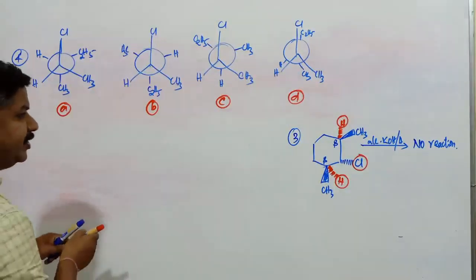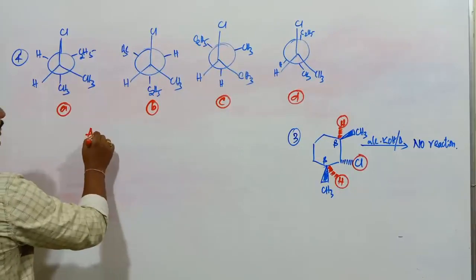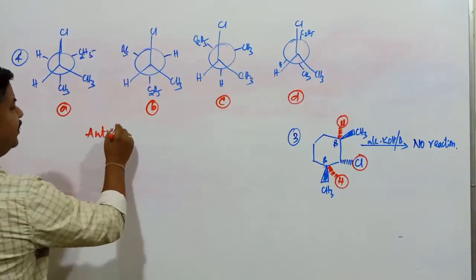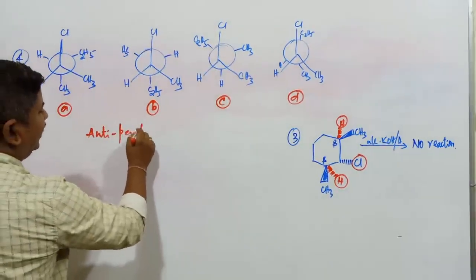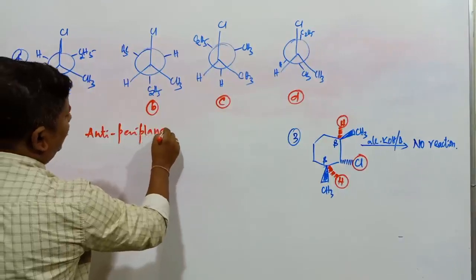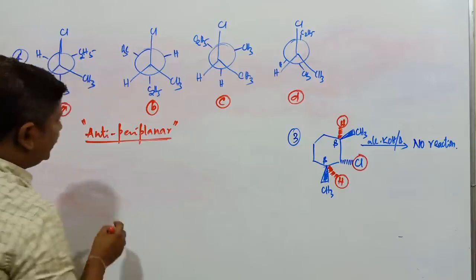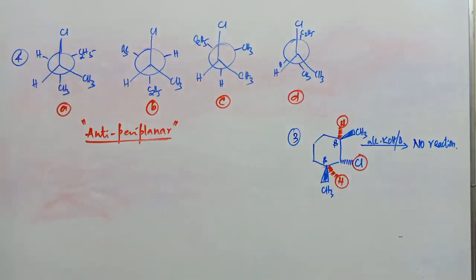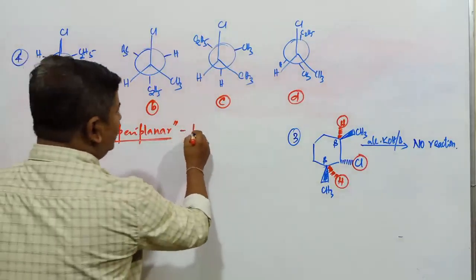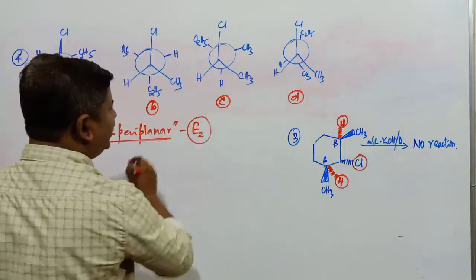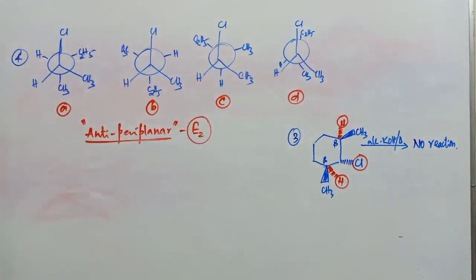Already I have mentioned that in E2, the eliminating groups must be present in an anti-periplanar position. Wherever the hydrogen and halogen atoms are in an anti-periplanar position, the reaction takes place, that is E2 reaction, bimolecular elimination.